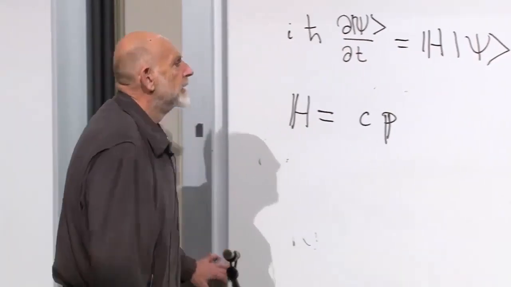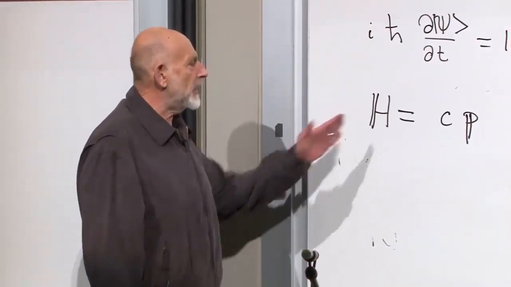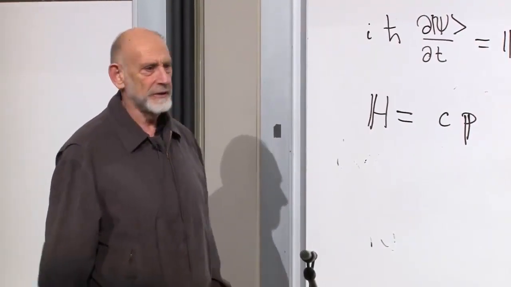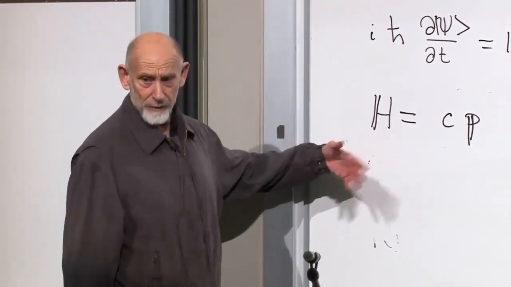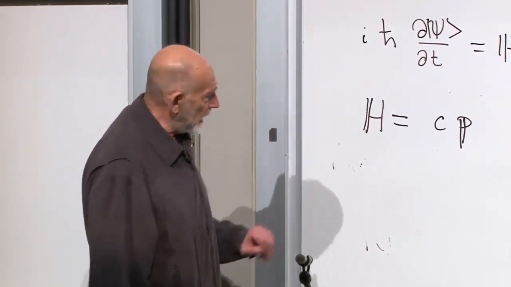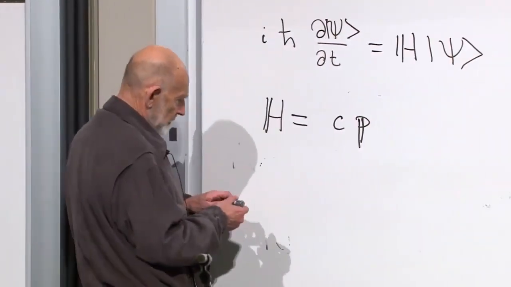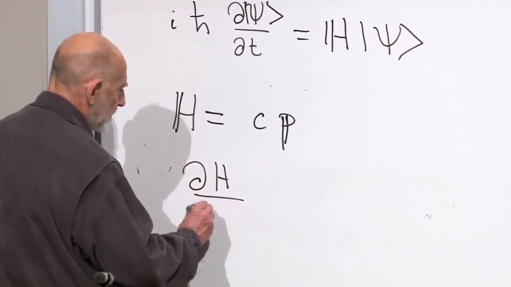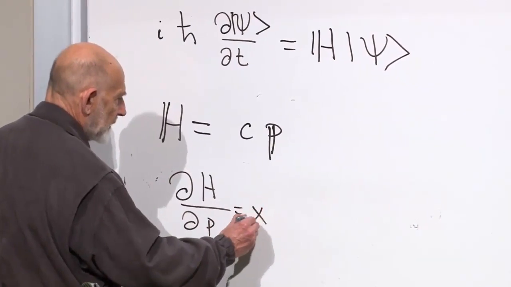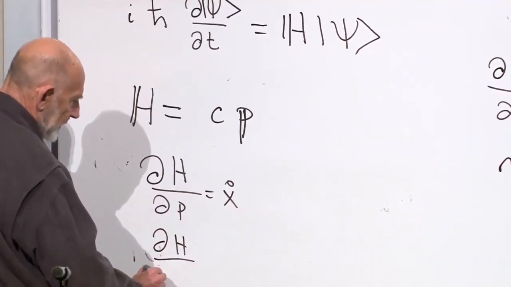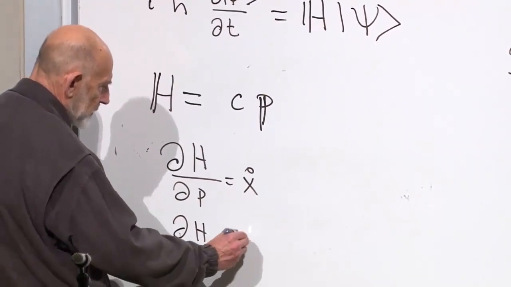So it was mainly for this reason right here that we did all quarter of classical mechanics last quarter, well, not just for this one, but for all sorts of things like this. Let's look at Hamilton's equations. Hamilton's equations are dH by dp equals x dot, and dH by dx equals minus p dot.